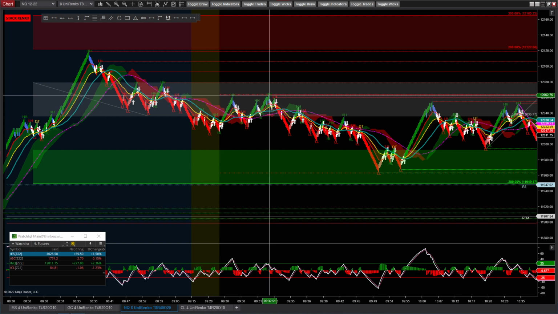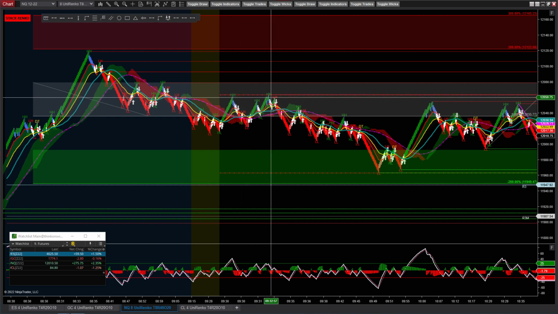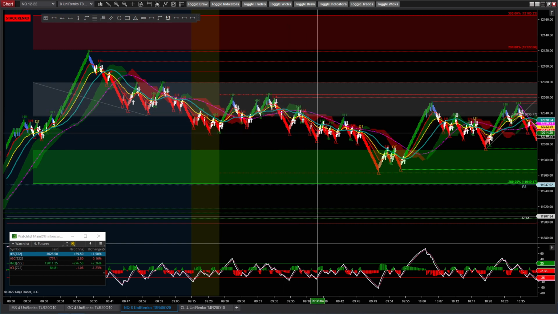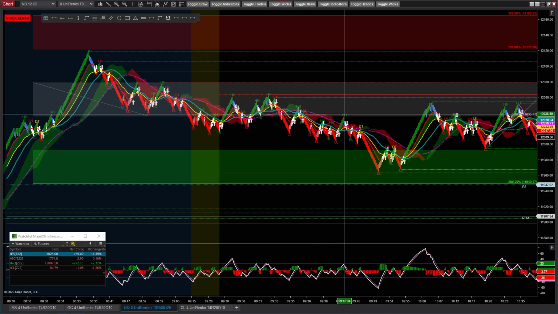So you have a double bottom basically at this area here, at 9:32, and then it moved down, and I was just watching here. There's a lot of back and forth, typical of a sideways market.